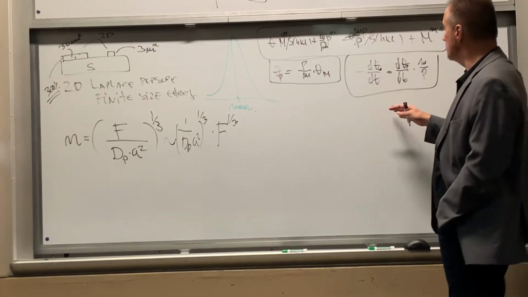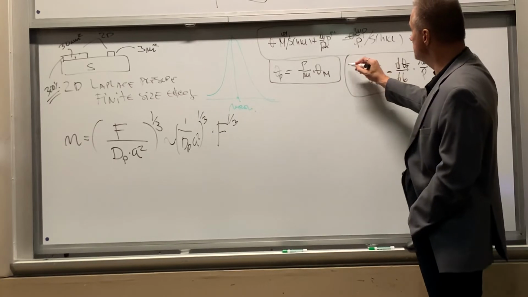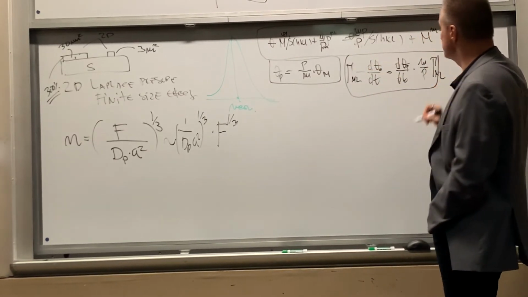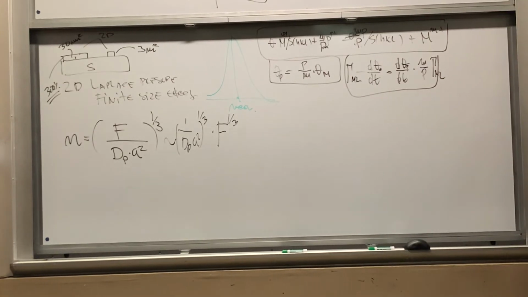So I'm gonna multiply this by G monolayer, and here will be G monolayer. What is that? That's the surface concentration of the full UPD layer, in terms of atoms per centimeter squared.